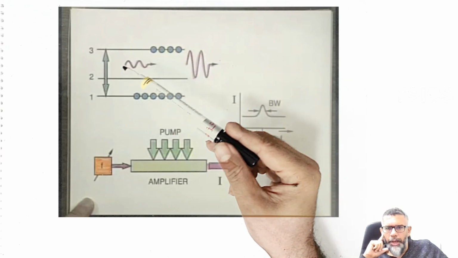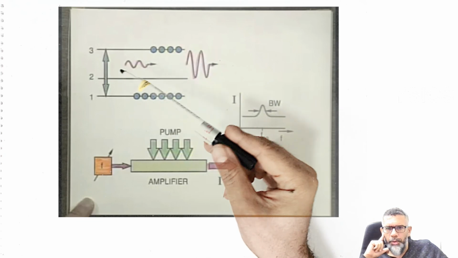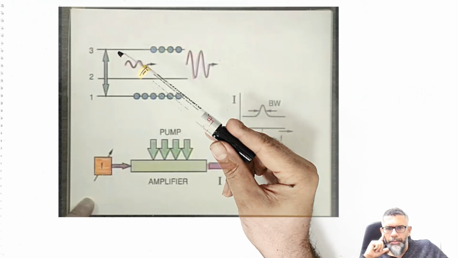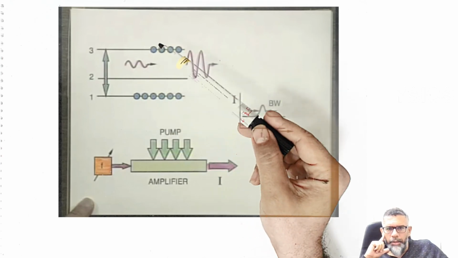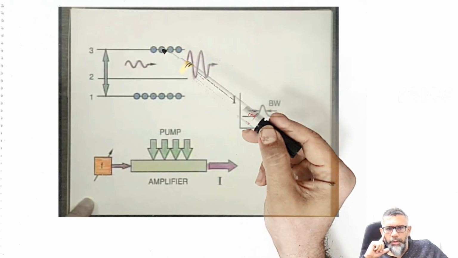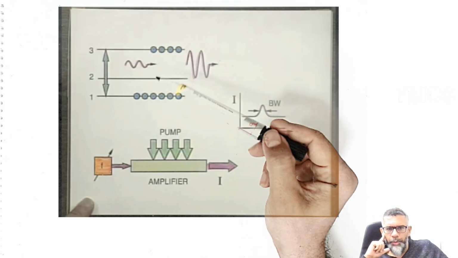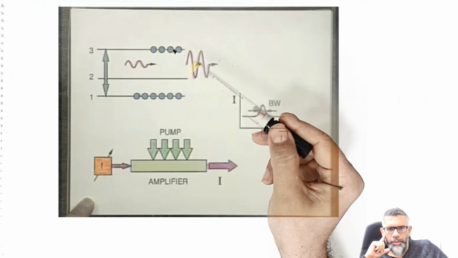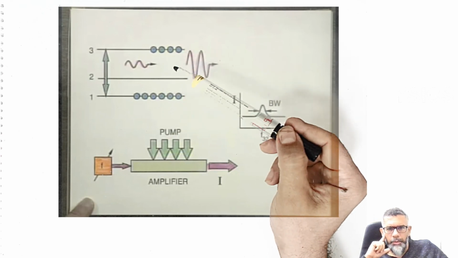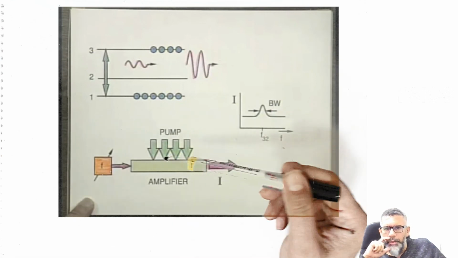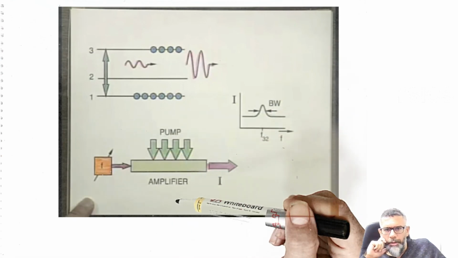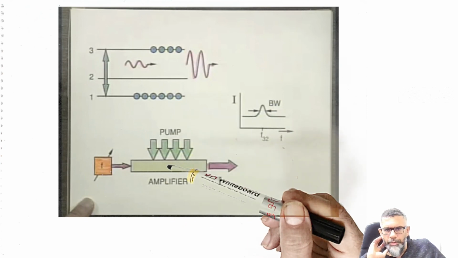If you have some initial photons that go in this direction and match this energy difference E3 minus E2, then your medium will produce stimulated emission photons, and these stimulated emission photons will be photons of laser.